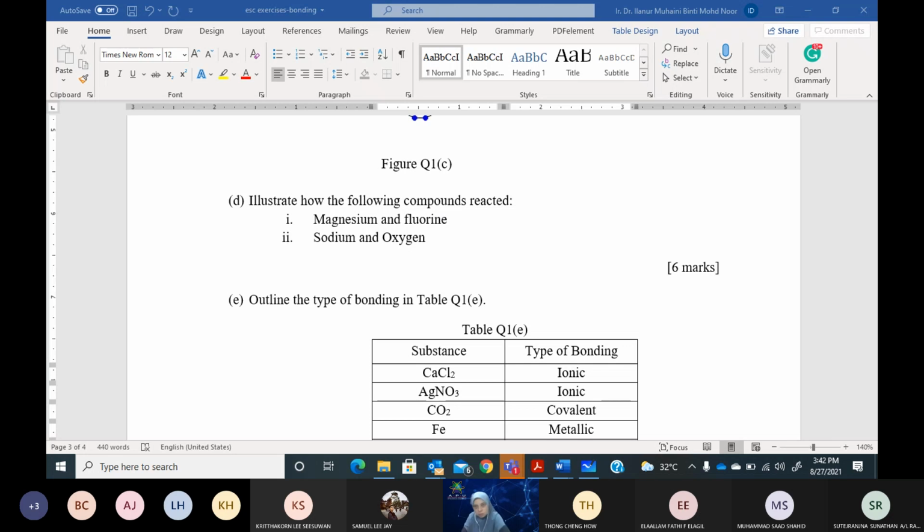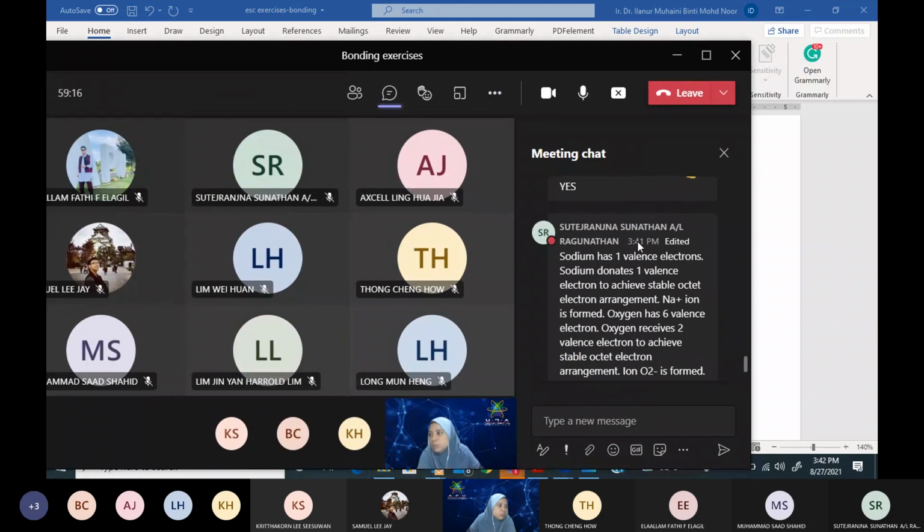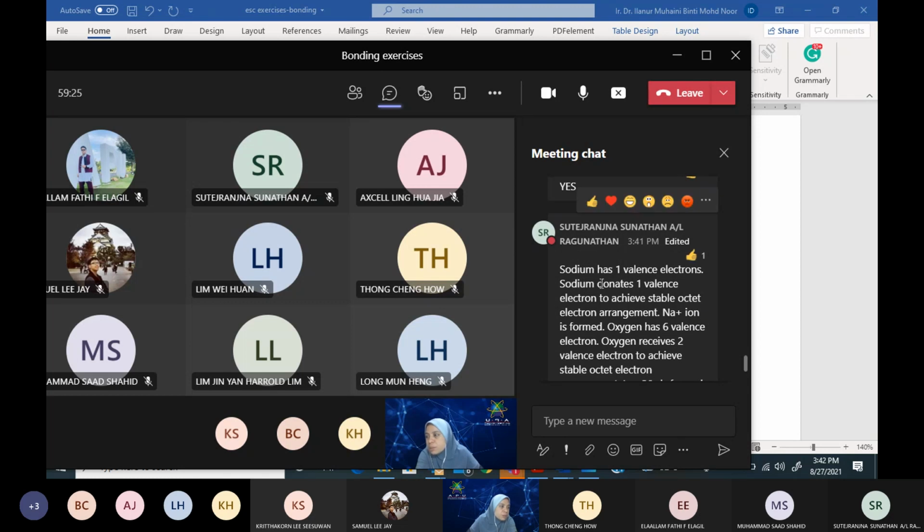Na+ ion is formed because sodium donates one electron and becomes Na+. If sodium donated 2, then it would become 2+. Since it donates 1 only, it becomes Na+.